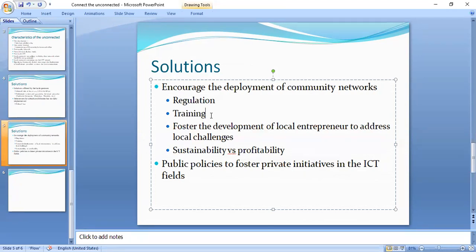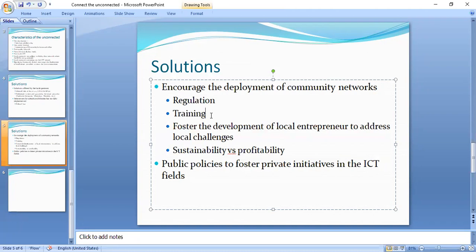So this must be addressed not only in terms of infrastructure, but also in terms of awareness and entrepreneurship, to have people addressing local challenges.